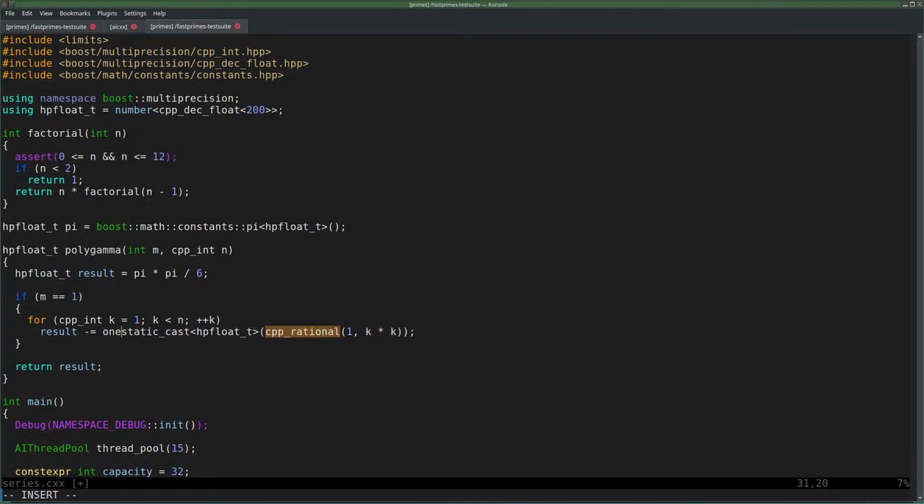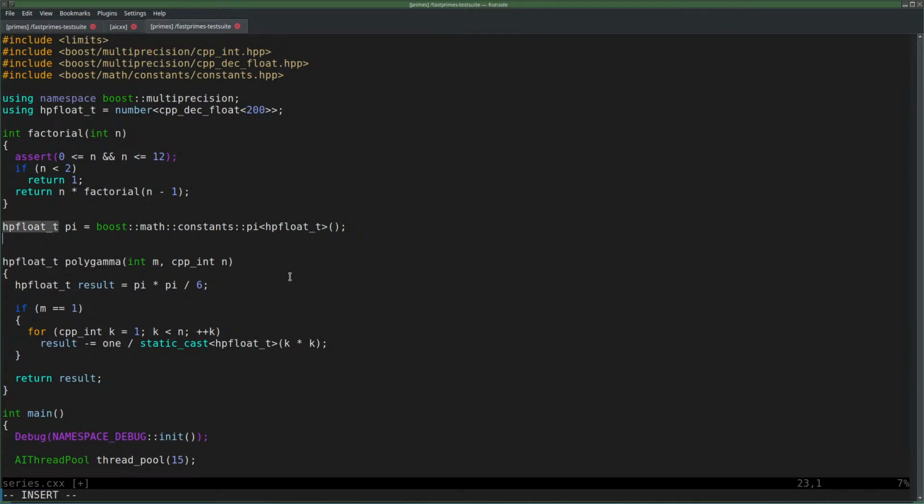Cannot do 1 divided by, and then dash 2k times k. So this is a CPP int squared is still a CPP int. Then I can cast it to a float, and then we divide by that, and then the 1 must also be a float. Can't type. These are both consts, of course.